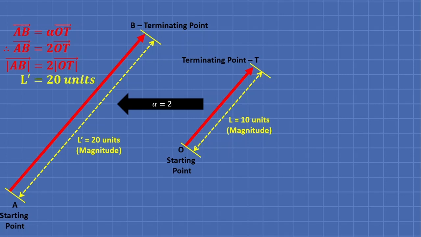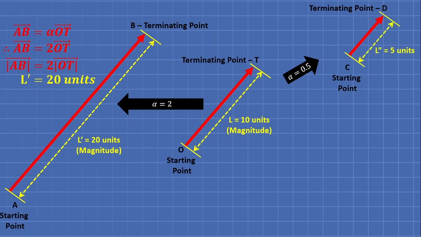Now let us scale the prior vector OT with some different value of scalar. So if we take the value of scalar as 0.5, then what will happen? A new vector can be drawn. This time the vector is CD bar. So C is the starting point and D is the terminating point. The length of CD bar will be reduced. Why?